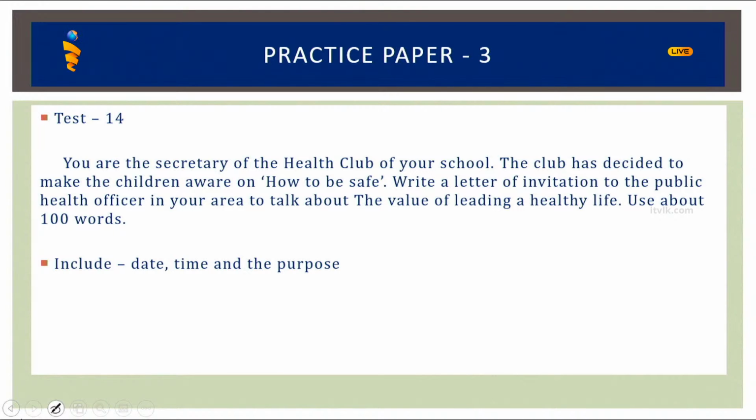So the other important word is to whom we are going to invite, the public health officer. And what is he going to talk about? The value of leading a healthy life. So you can underline these things in the question itself in the test paper, and pay more attention to those words.